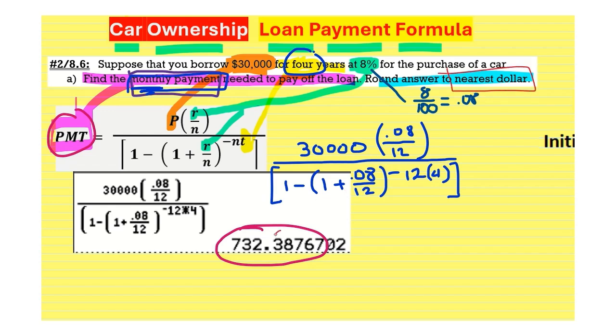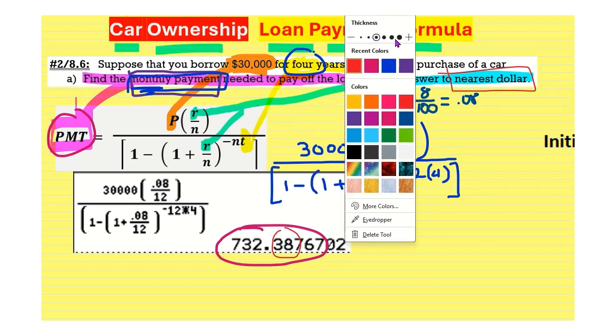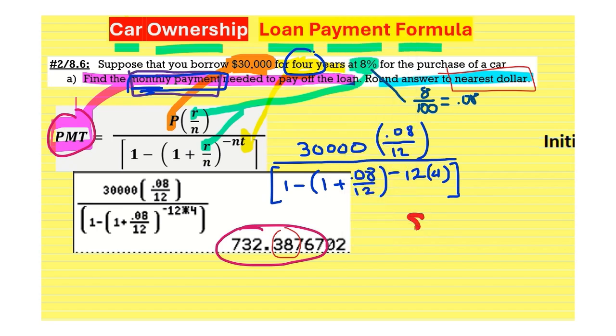So the nearest dollar, I've got 38 cents or 39 cents, but that is not 50% or more. So we're going to go ahead and just drop that 38 cents, and it will be a payment every month of $732. That is our payment amount.